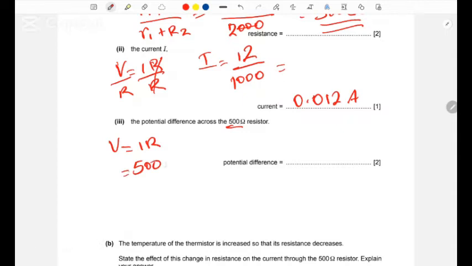And this is a series circuit, so that means the voltage varies across the circuit, and the current is the same across a series circuit, so we just use 0.012. And when we multiply that, we get 6 volts. That's our potential difference.